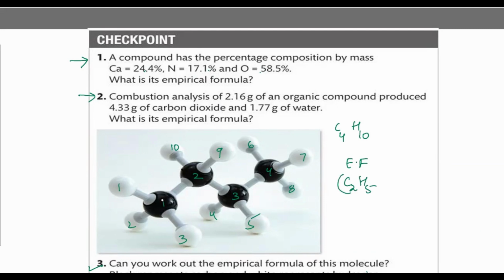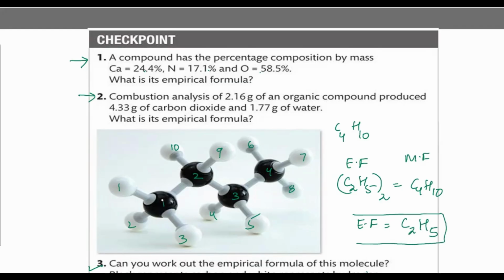So C2H5 two times makes my molecular formula, C4H10. Empirical formula is the simple ratio formula of the molecular formula, which is C2H5. I hope I'm clear. So today we have done atom economy and the empirical formula.